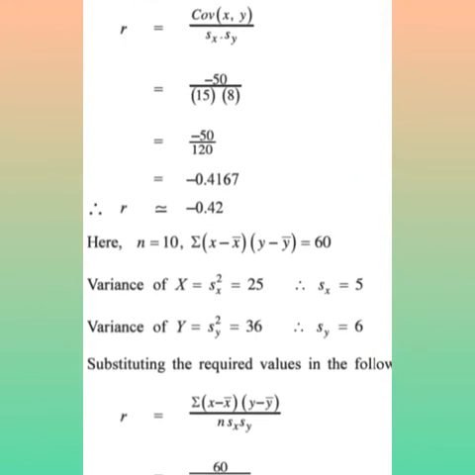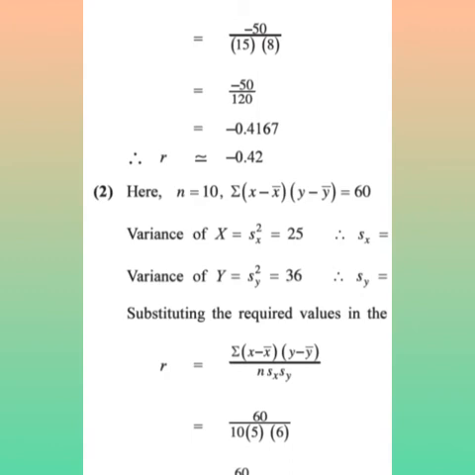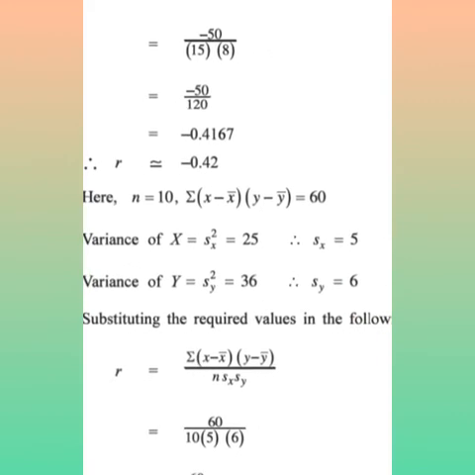Come to your second sum. They had given us n, that is 10. They have given us sigma x minus x bar into y minus y bar to be 60. Variance of x, that is 25, they had given, and we found out sx is 5. We had discussed that as variance is 25, your sx will be 5, and as the variance of y is 36, your sy would be 6.